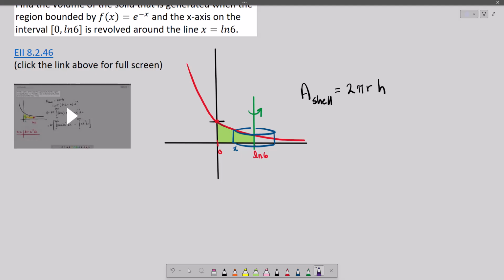So when we look at our picture here, our vertical element is right over here. Let's look at the distance it is to the axis of rotation. That is r. Right? That's the radius of the cylinder. The height of the cylinder is right here. That is going to be the height of the cylinder.